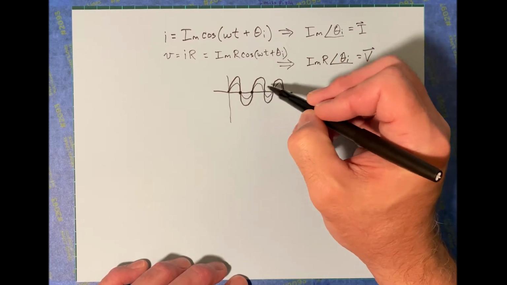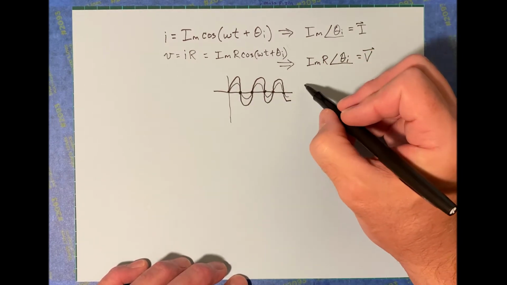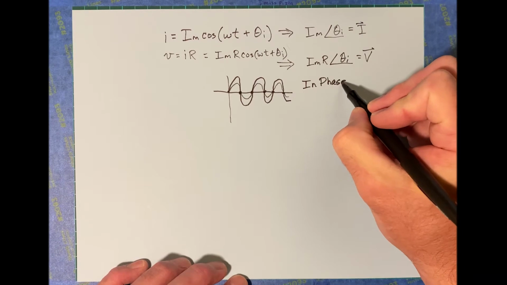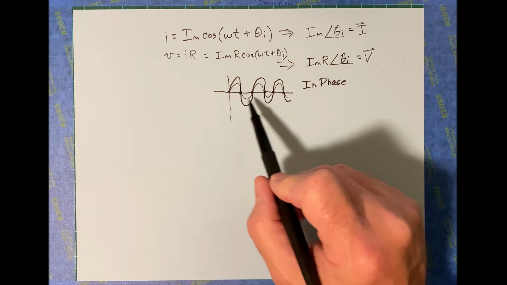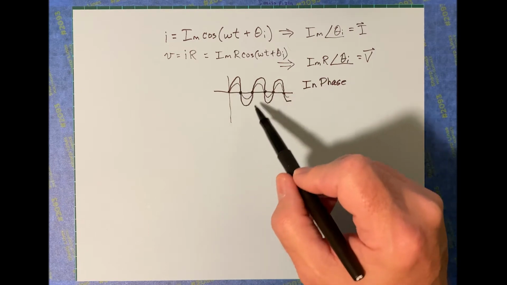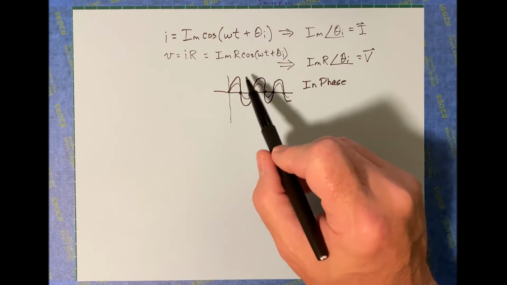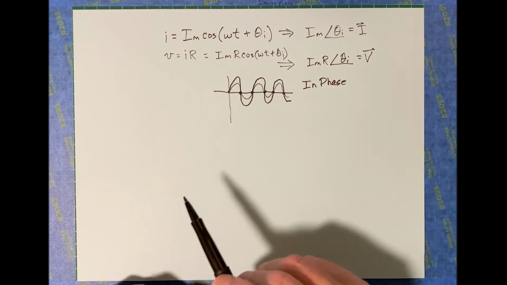It crosses zero at the same time. It does all those things. So that's what is meant by them being in phase. Now that's what it would look like if you plotted it on a rectangular coordinate system, in the time domain. Or I'm sorry, the cosines, the sinusoidal parts look like that. They're in phase with each other.